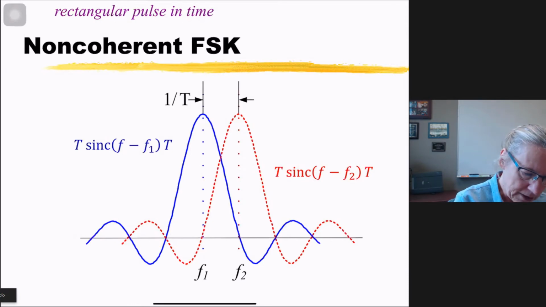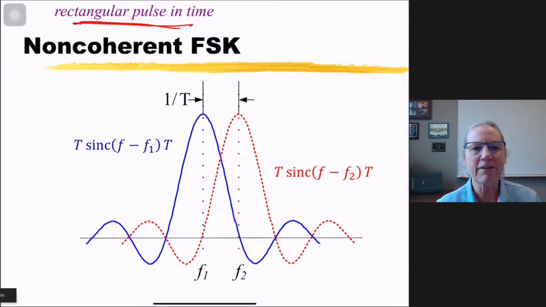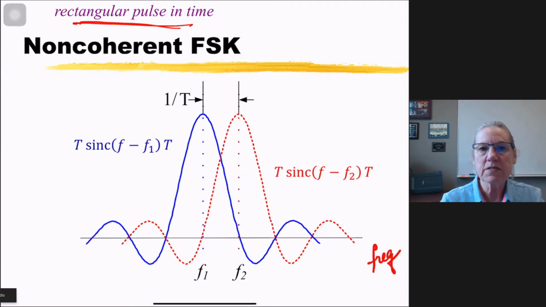Now, right up here at top, very important, I'm assuming I have a rectangular pulse in time. So a square pulse in time, which of course means in the frequency domain, and this here is the frequency domain, I have some sinc functions. So the spectrum of the FSK signals are sinc functions. So suppose that I'm doing non-coherent detection, and I've found that the minimal separation is 1 over t. So here I've drawn it as a separation of 1 over t between F1 and F2, sort of the center of their main lobes.